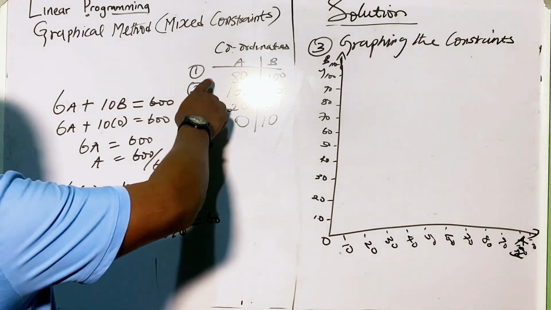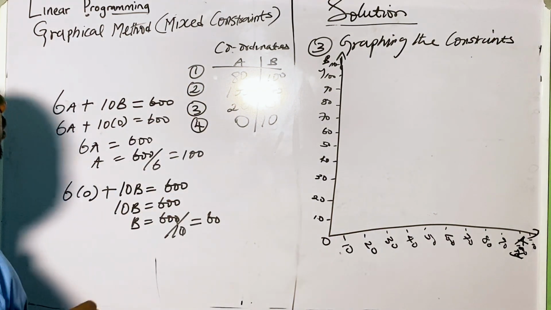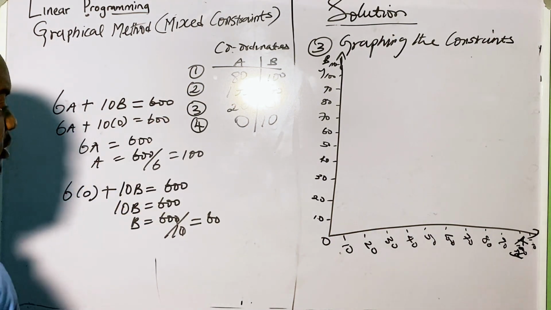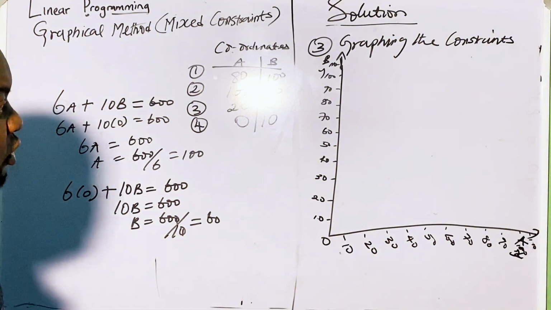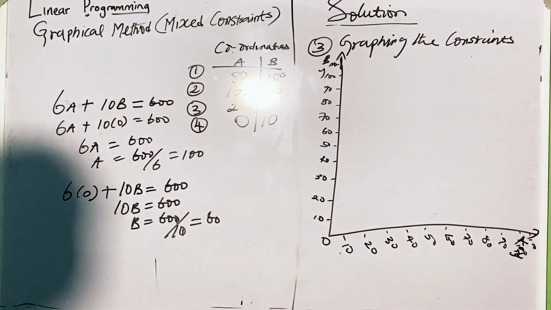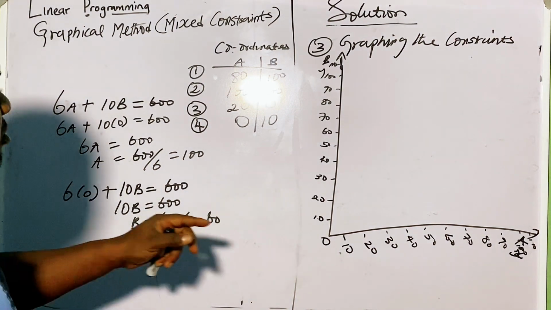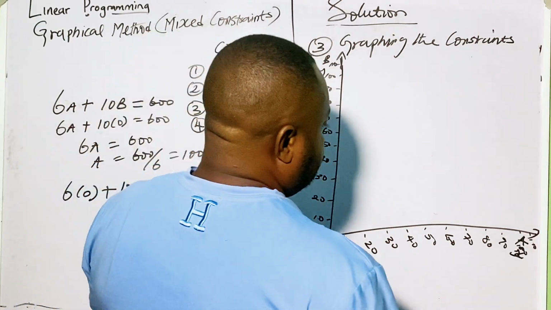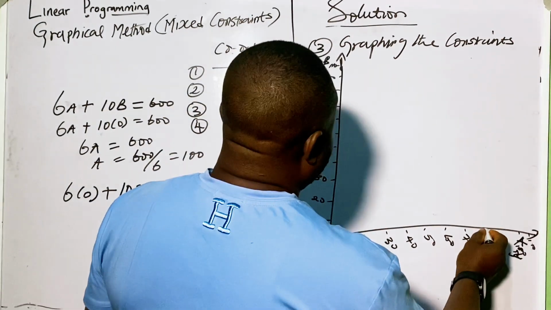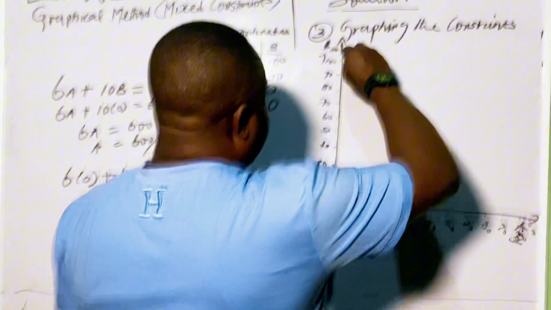Now the first constraint is when A is 80, B is 100. And this is my A, 80, which is this point, and B, 100.